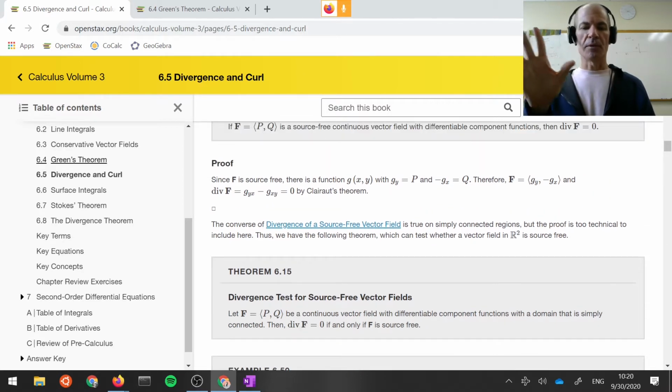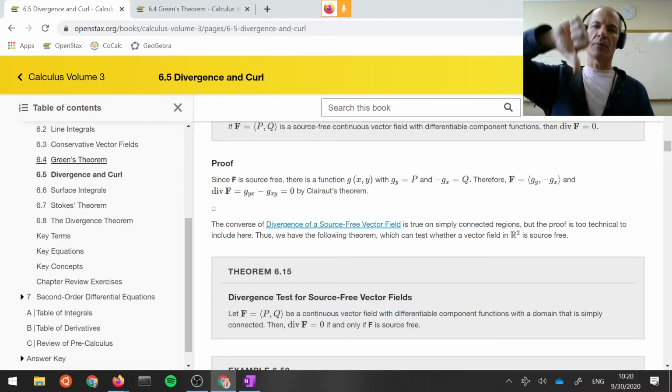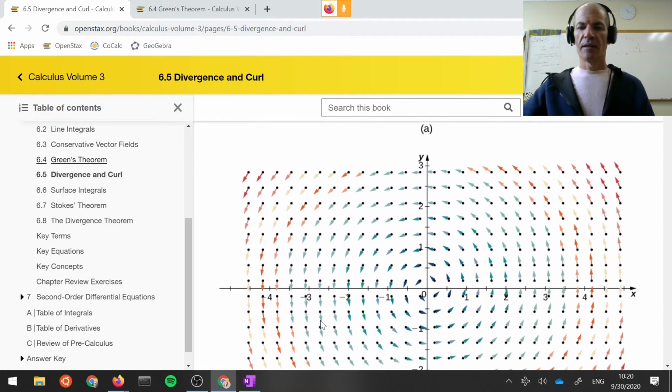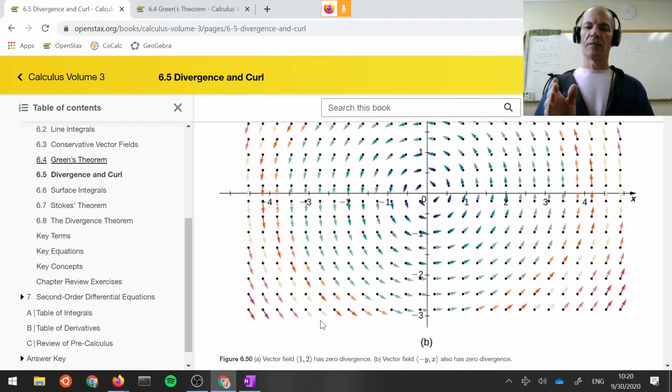Oh, and I misspoke. Curl is a vector valued property, so it's not positive or negative. It's pointing up or pointing down. Let me just recap here. For this guy, if it's rubbing a little bit more on the right than on the left, it's going to want to rotate counterclockwise.